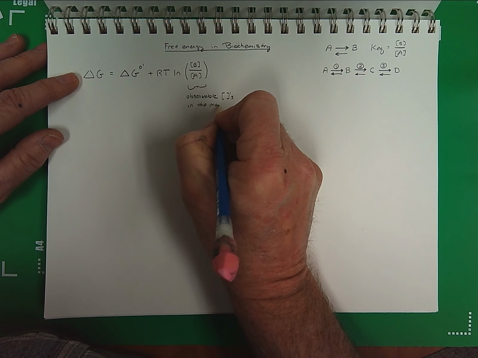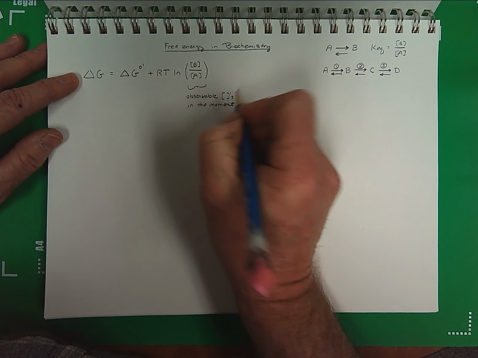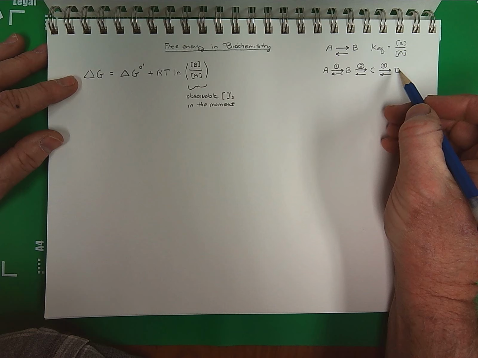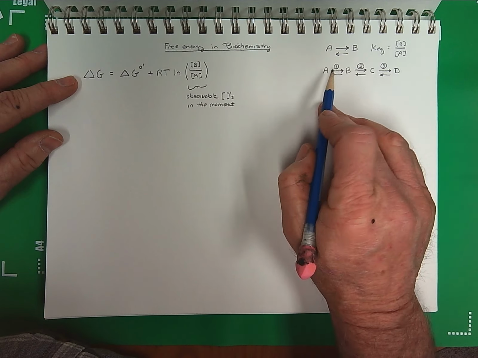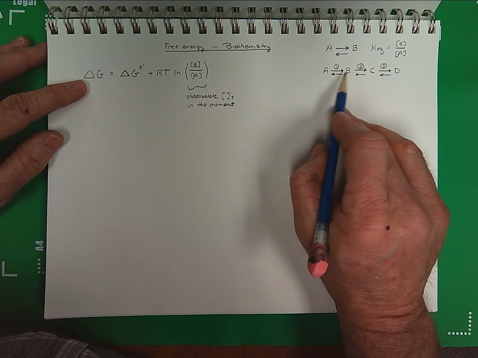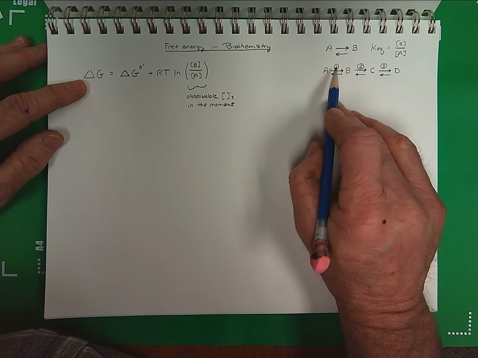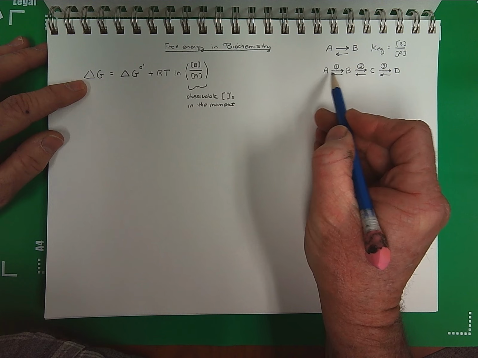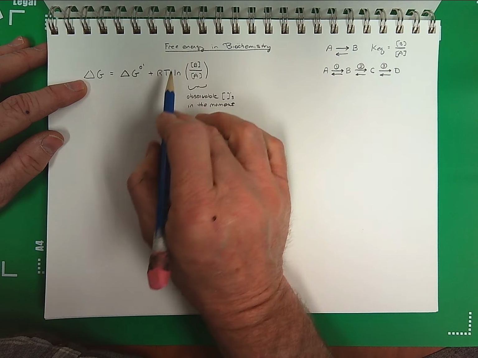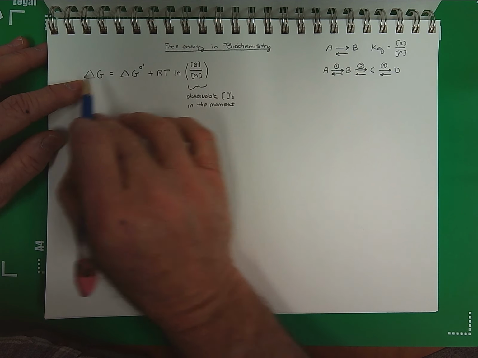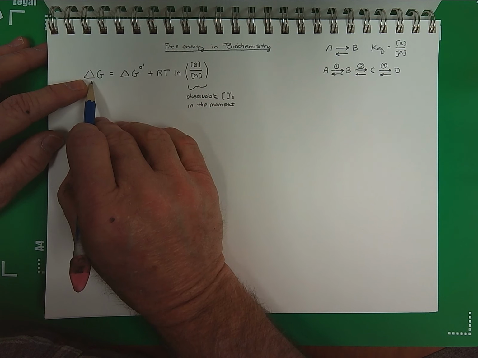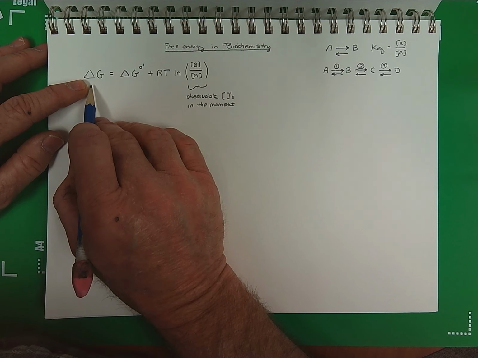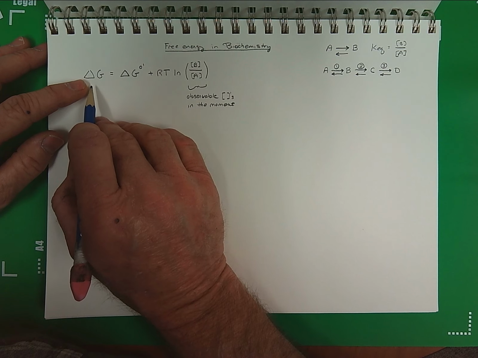What does that mean, in the moment? That means that at any particular time in a biochemical sequence of reactions, if we want to determine the specific free energy change of a particular reaction in a sequence, we can measure these concentrations at that moment, put that into this equation, and determine if this delta G is going to be negative and move forward, or positive and move backwards.